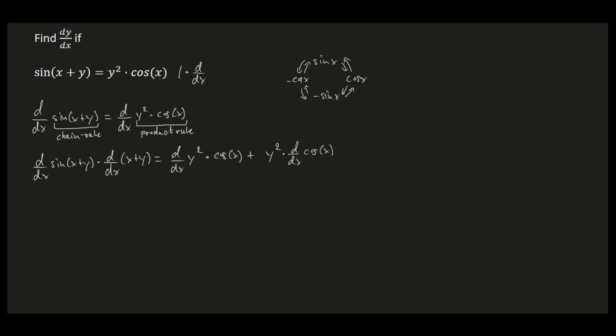So now to differentiate here the outer function, we get cosine of x. Cosine of the inner function or argument times, we can distribute this inside the parentheses here.